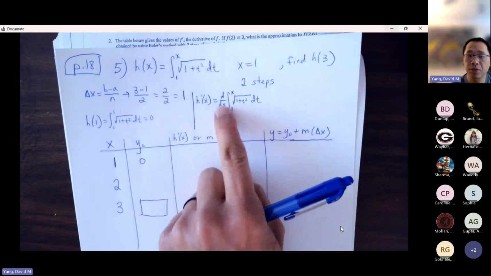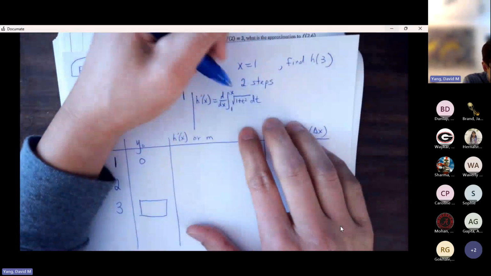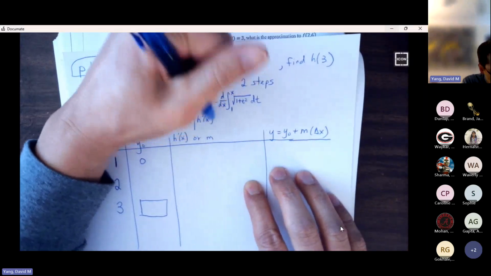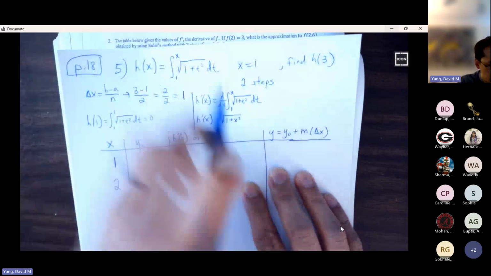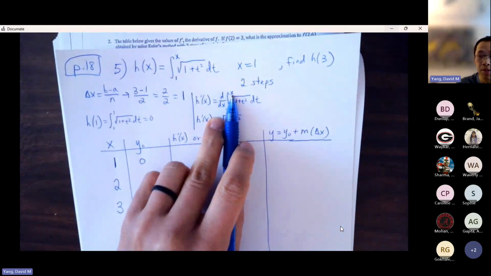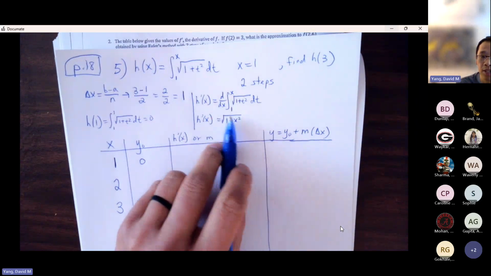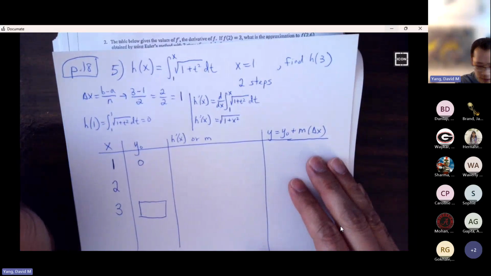We know that derivative and integral will cancel each other out. We just have to plug the upper bound into the variable. So h prime is just going to be square root of 1 plus x squared times the upper bound's derivative. X's derivative is just 1, so that's not going to change anything. So h prime is just going to be square root of 1 plus x squared.